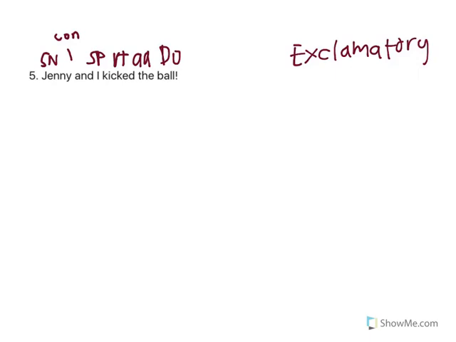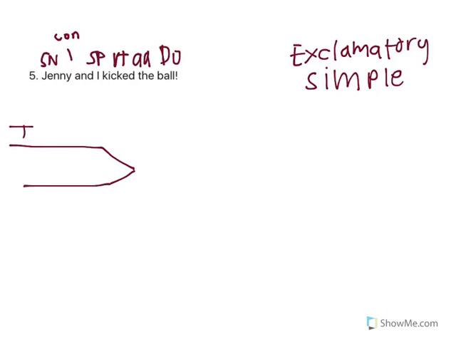Look for two independent clauses. Are there two independent clauses? No. This is one independent clause. That's only one complete thought that can stand alone. Jenny and I kicked the ball. So this is a simple sentence. And yes, again, it has two subjects.